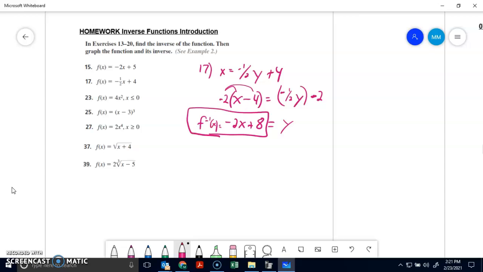This is my inverse. So if I sketch a graph of both, I have a y-intercept of 4. I'm going to go down 1 over 2, down 1 over 2. So this line would look like that.